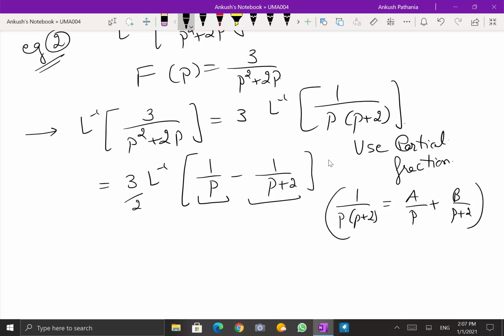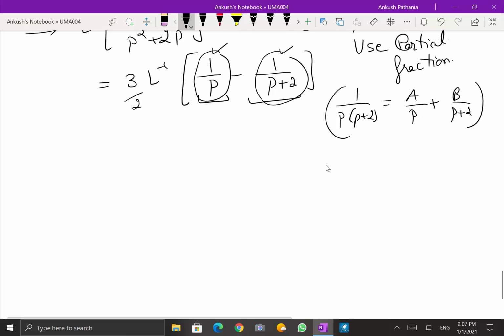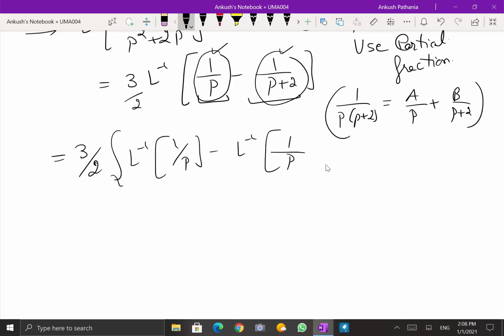And now you can see these f(p), we know whose Laplace inverse they are, or we know the function f(x) whose Laplace if we take, then we will get this 1 by p or 1 by p plus 2. So let me sort it out more properly. So this is Laplace inverse of 1 upon p minus Laplace inverse of 1 upon p plus 2.